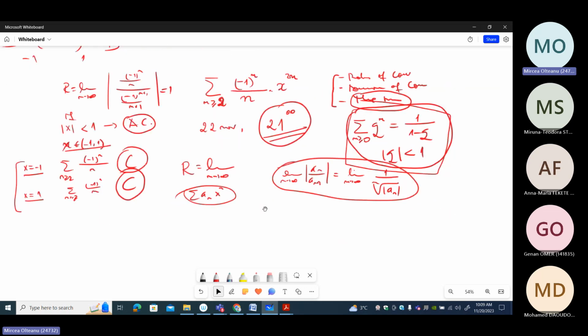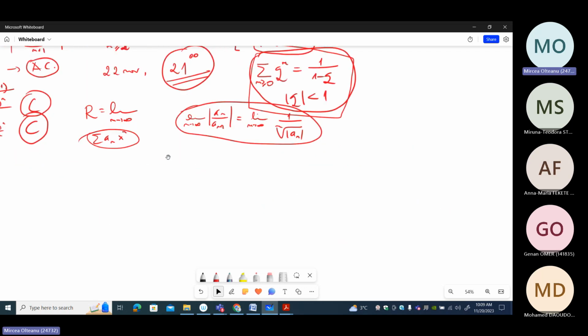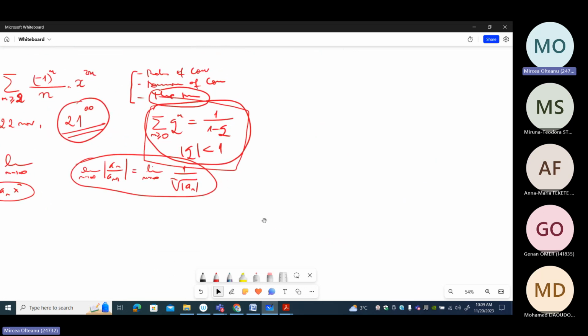And now let's compute the sum of the series. Here, I repeat, the basic idea is to use the geometric series. This is it. So somehow we must reduce our problem to computing the sum of a geometric series. And now the usual methods are with derivation or integration term by term.